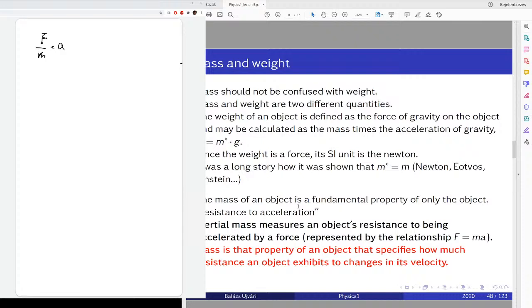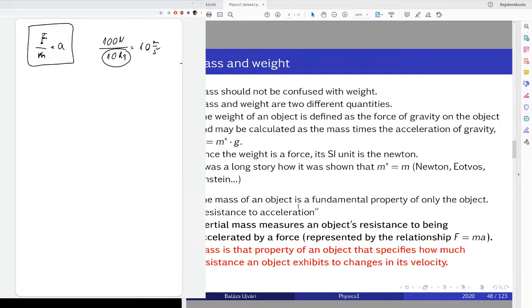The mass is something different. The mass, by definition, is what we write here. The mass is the so-called resistance to being accelerated by a force. What does it mean? If I have 100 Newton and a body with 10 kilograms, it will accelerate at 10 meters per second squared. So let's say this is a small mass. It means a small resistance against the force. Small resistance means large acceleration.